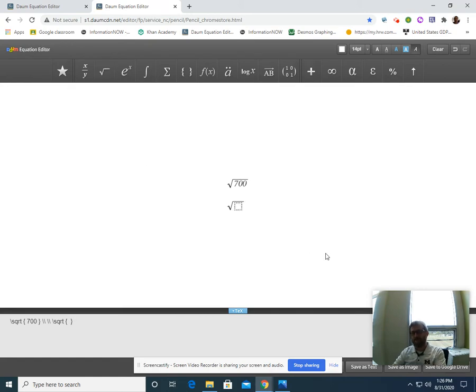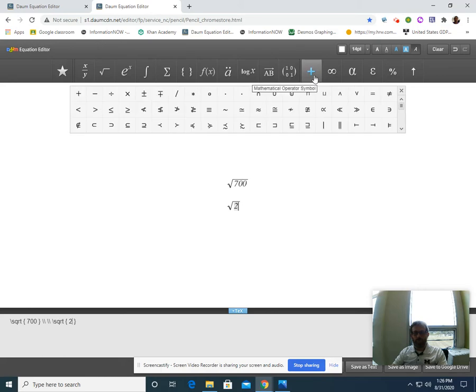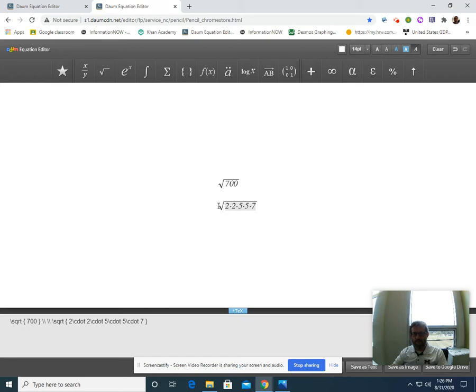First you start with 10 and 70, and then the 10 breaks down and the 70 breaks down, and you end up with two 2s, two 5s, and a 7. When you remultiply that out, 10 times 10 is 100, times 7 is 700.